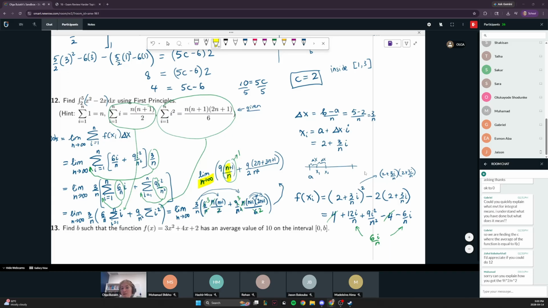It's n over n. For this one, again, I can just look at this part. The highest power is n squared. Oops, this should be squared, n squared, my mistake. 9i squared over n. That's these last terms multiplied together.